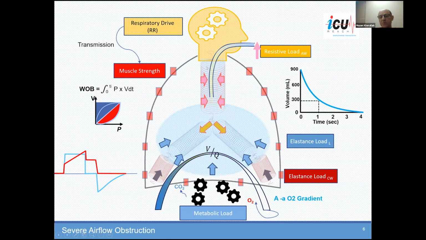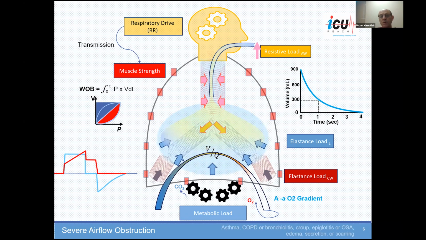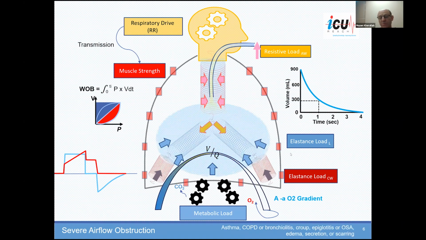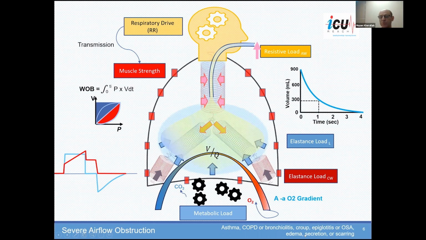If the patient is intubated, sedated, paralyzed, you need to utilize enough force or power on the ventilator to push the air against that resistance. Now, this could be because of asthma, COPD, bronchiolitis, or upper airway obstruction, croup, epiglottitis. Anything in the upper airways can give you increased resistance.